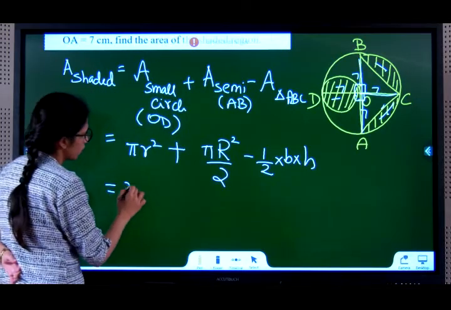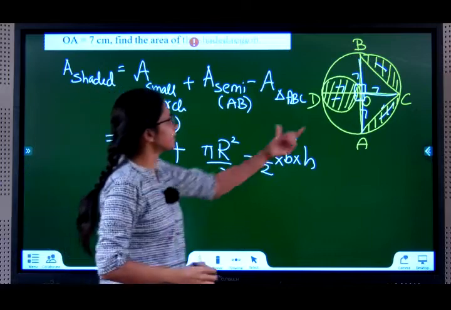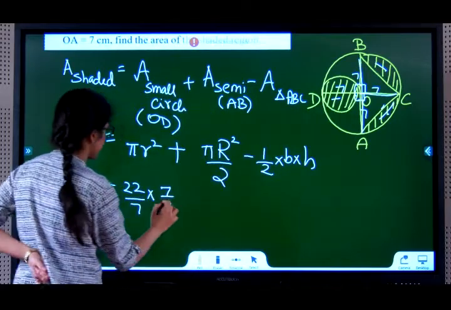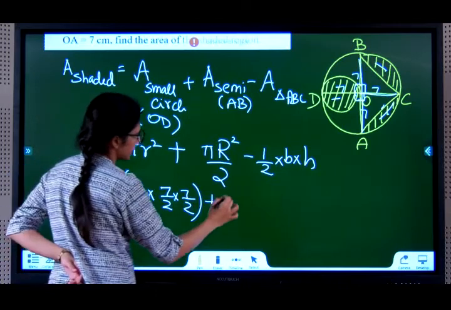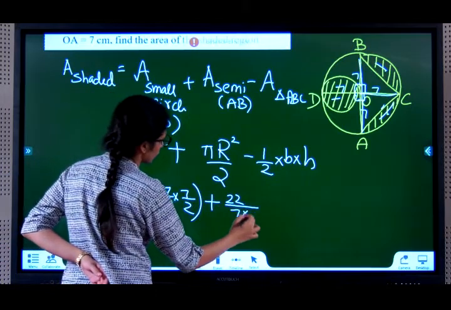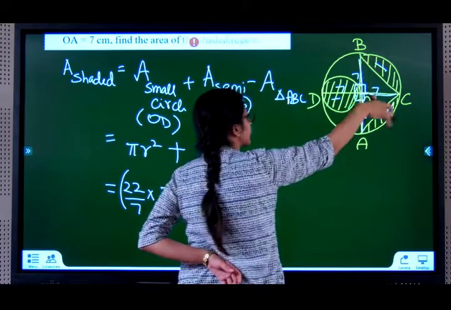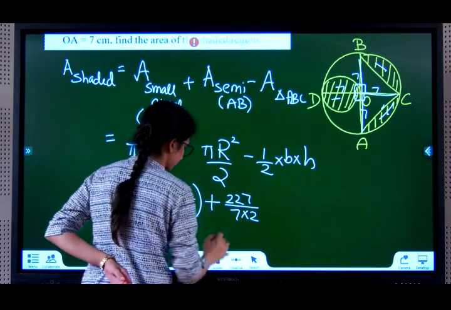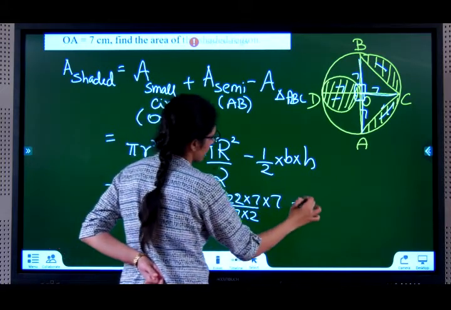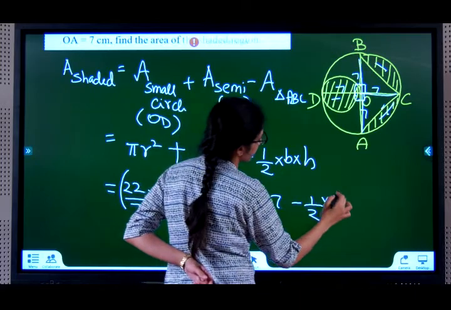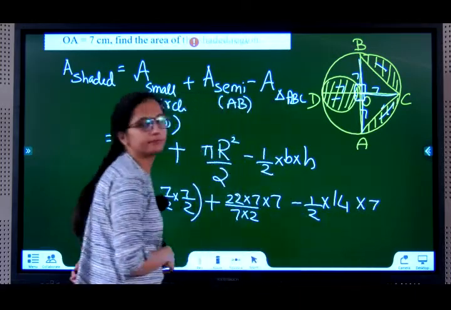Substitute 22 by 7 into radius; here the diameter is 7, so radius is 7 by 2 into 7 by 2, plus 22 by 7 into 2. R over here is the semicircle's radius, 7, into 7 into 7, minus half into base. Base is now 14. Height is now 7.